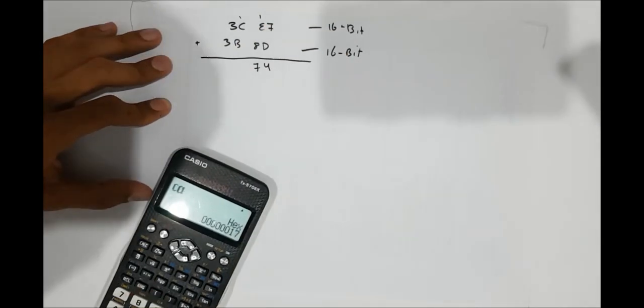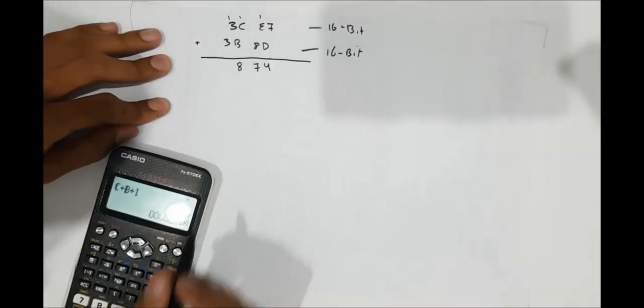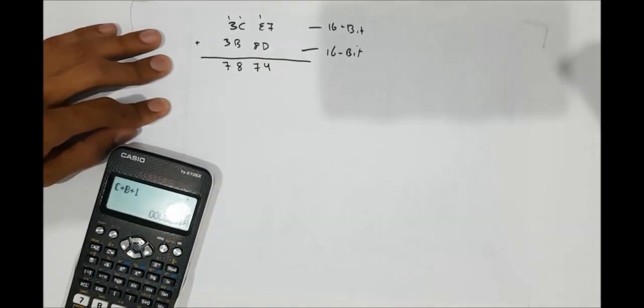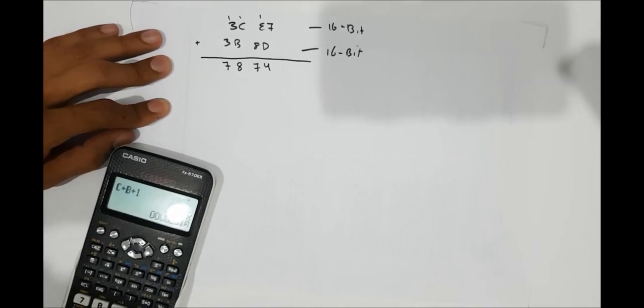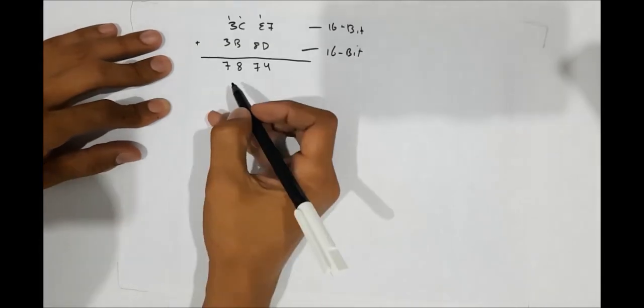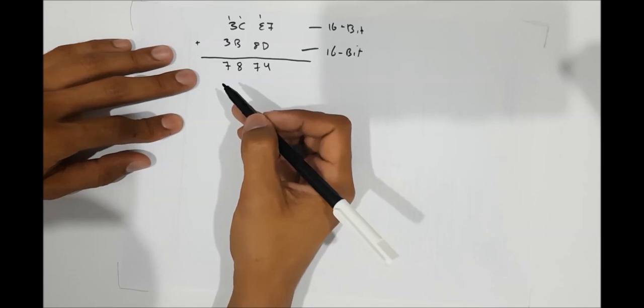Then we have C plus B plus 1, that will be equal to 18. So that will be 8 and 1, and that will be 7. Now the result will be the hexadecimal number 7874, without any further carry out.